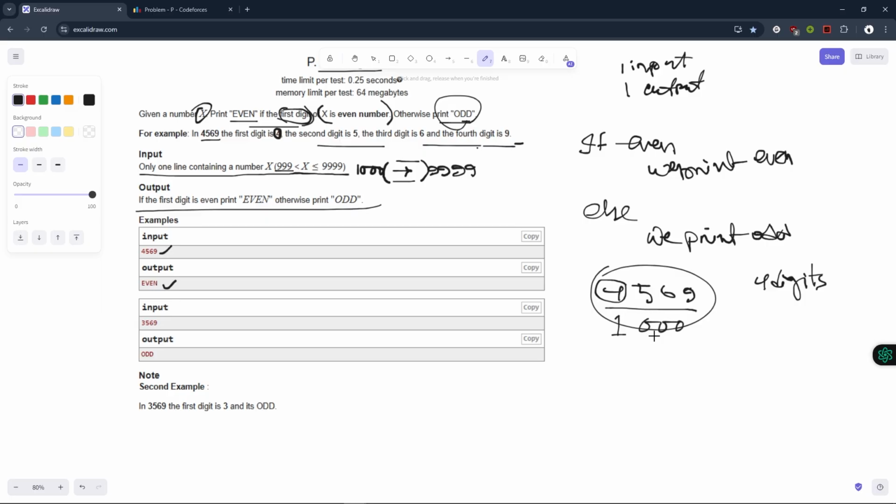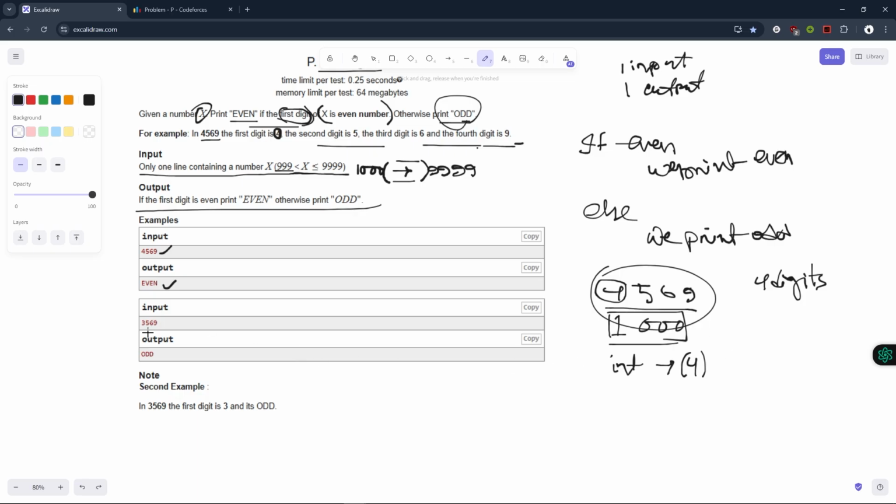What this does is calculate how many times 1000 fits into this number. Since we'll do the calculation in integers, we'll get the value 4. That's how many times 1000 can be multiplied before crossing this whole number. So 4 is the first digit.